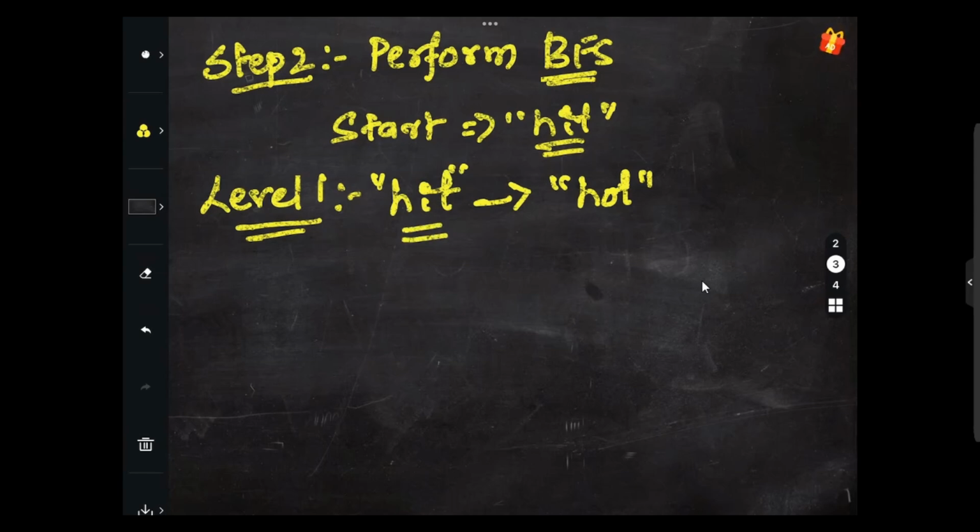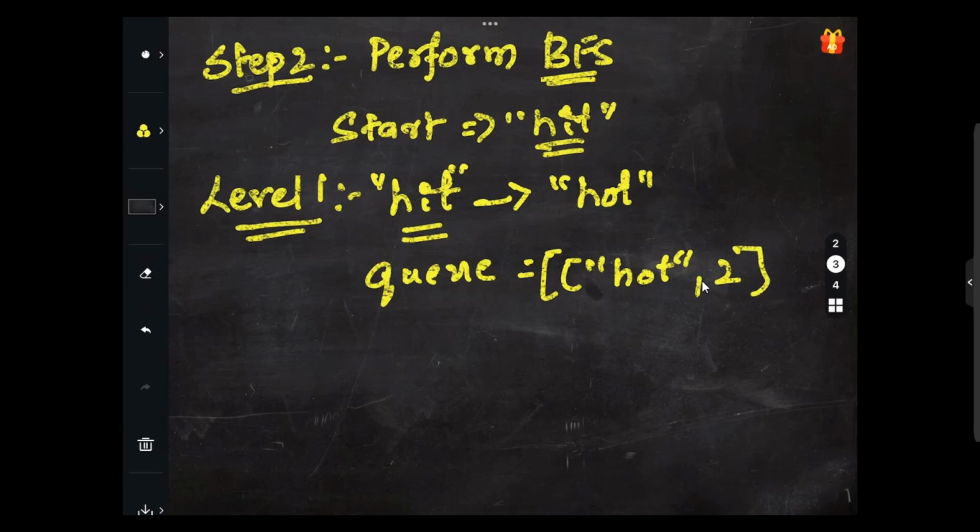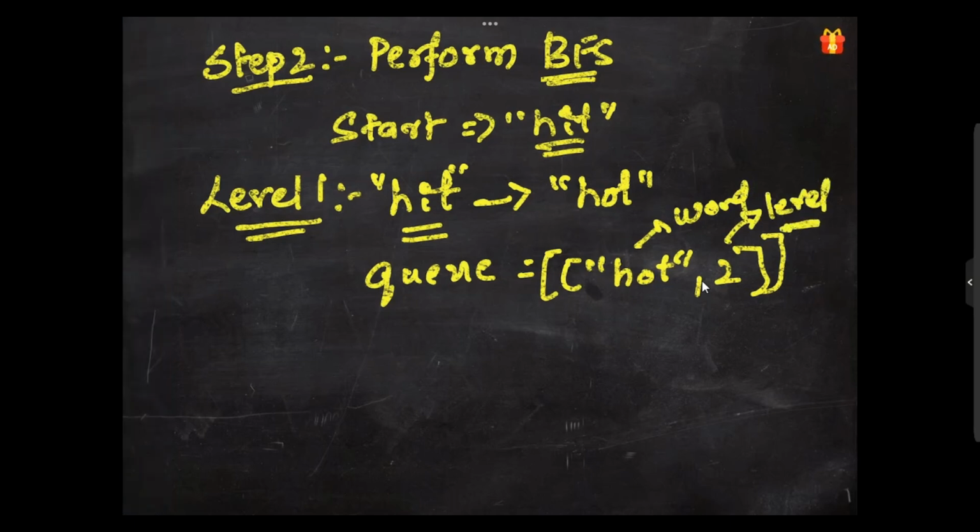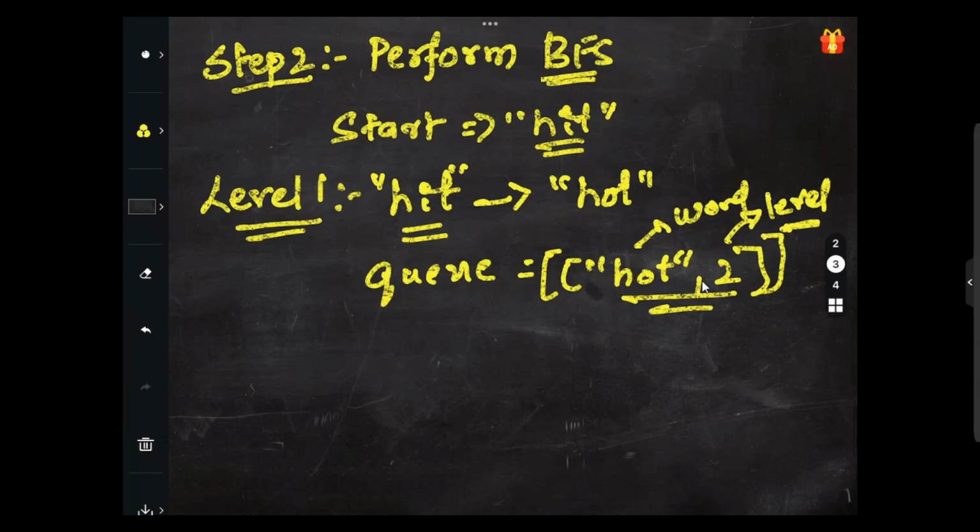Now the queue after processing hit will be hot, as well as 2 is present here. So the first level was hit and the second level is hot. So the queue now is changed into hot, right? This is for level 1.